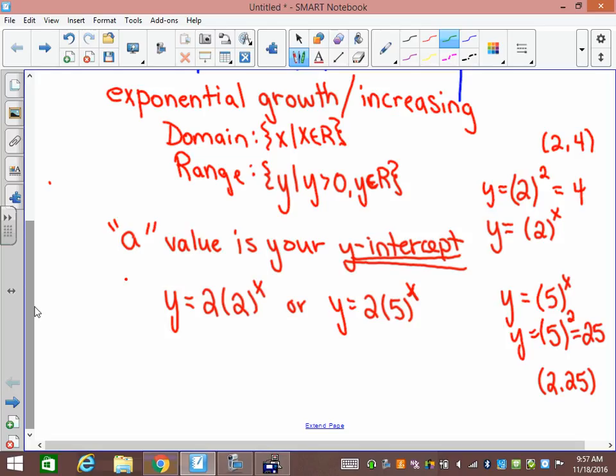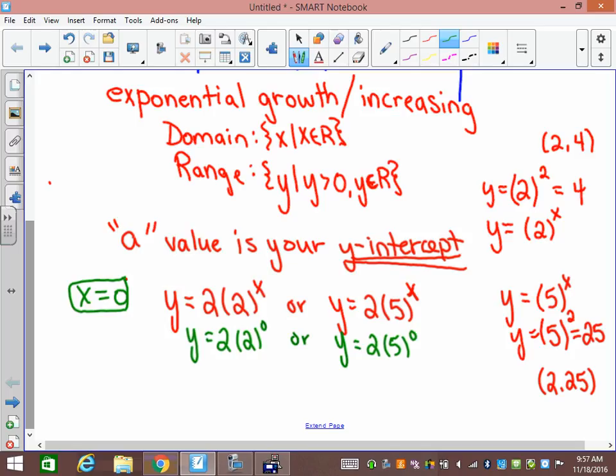X equals 0. An answer is better than no answer. Okay, x equals 0. So if I fill that in, I'm going to get y equals 2 times 2 to the 0, or y equals 2 times 5 to the 0. What's anything to the power of 0?